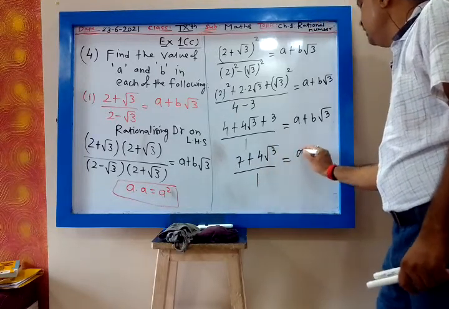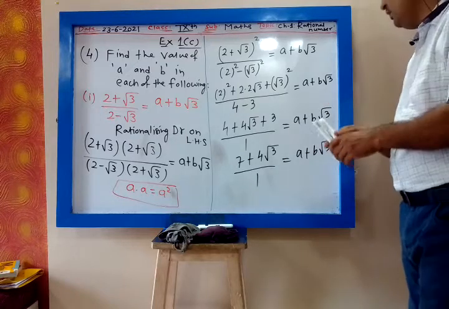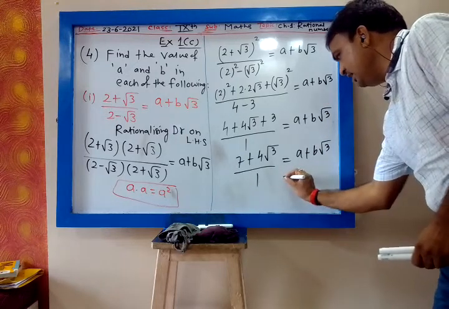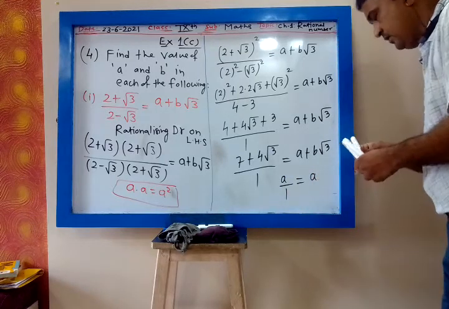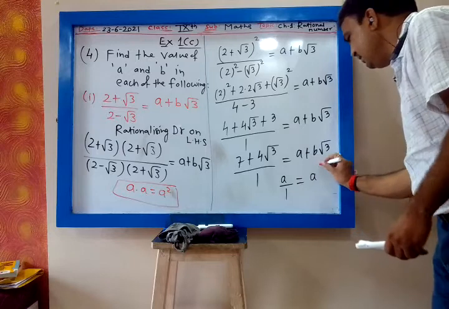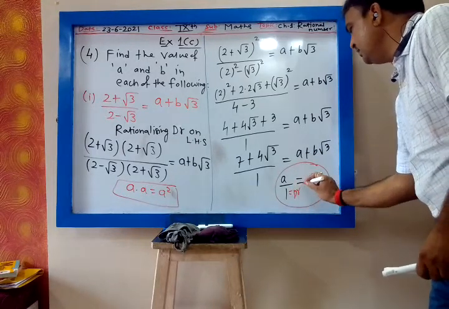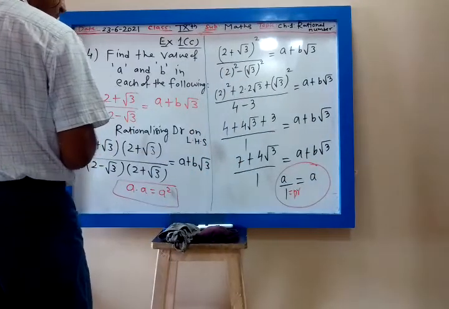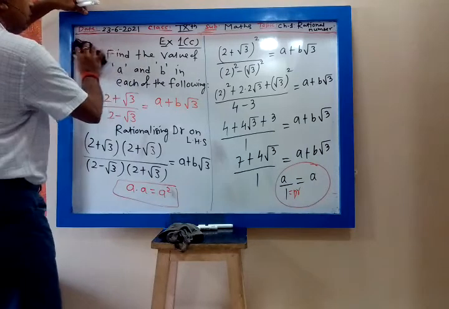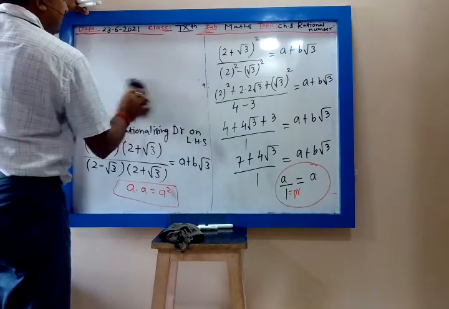Whenever the denominator is 1, we write the numerator as the given number. So we get 7 plus 4 root 3 is equal to A plus B root 3.